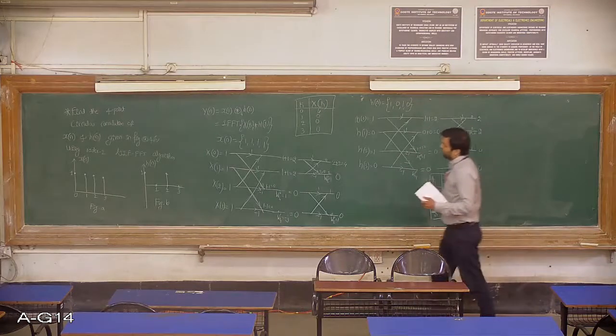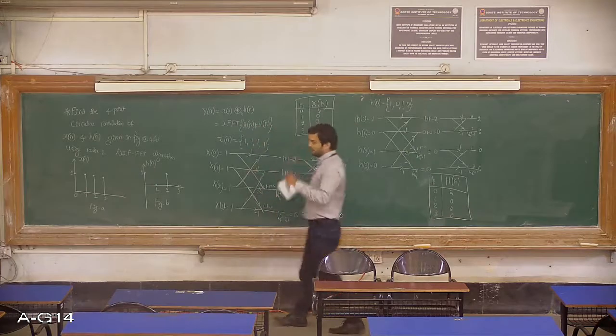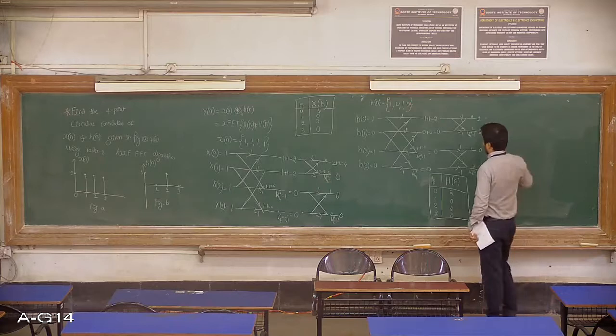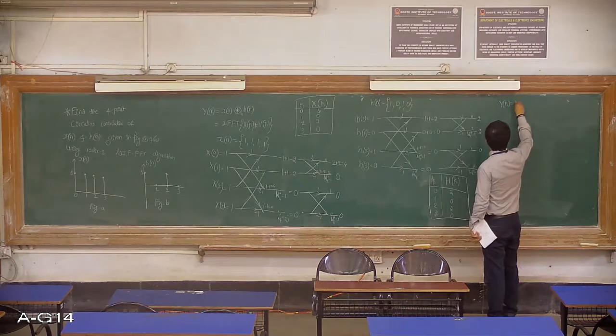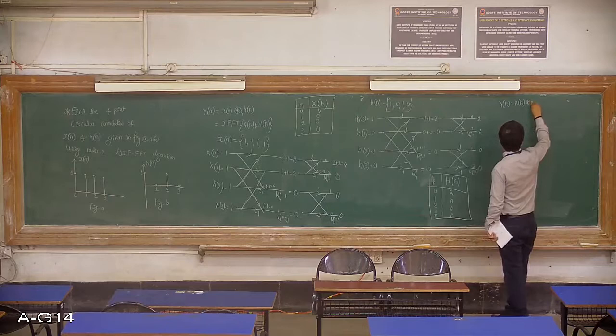So now we have computed x of k and h of k. So multiply them: y of k is equal to x of k multiplied with h of k.